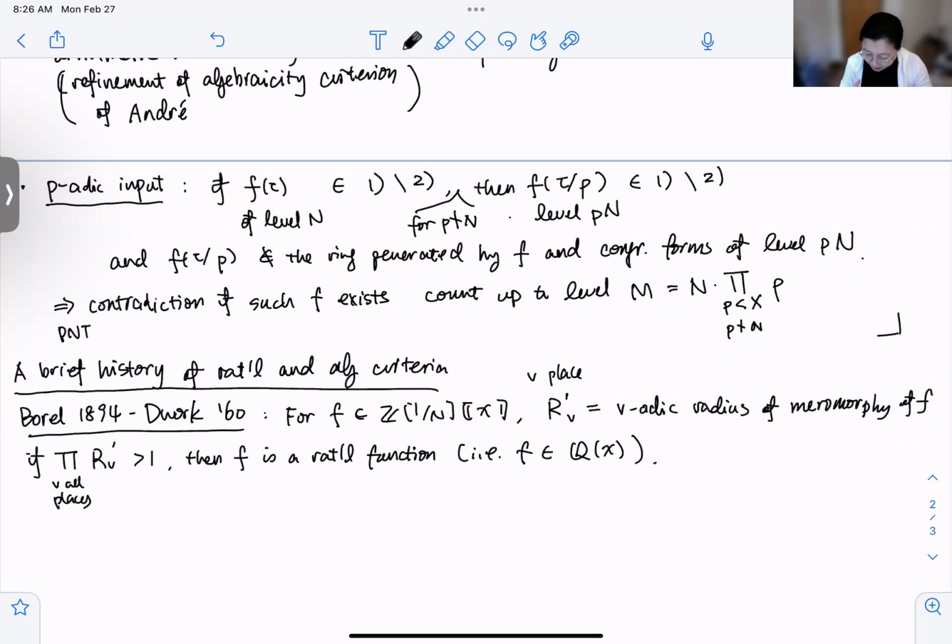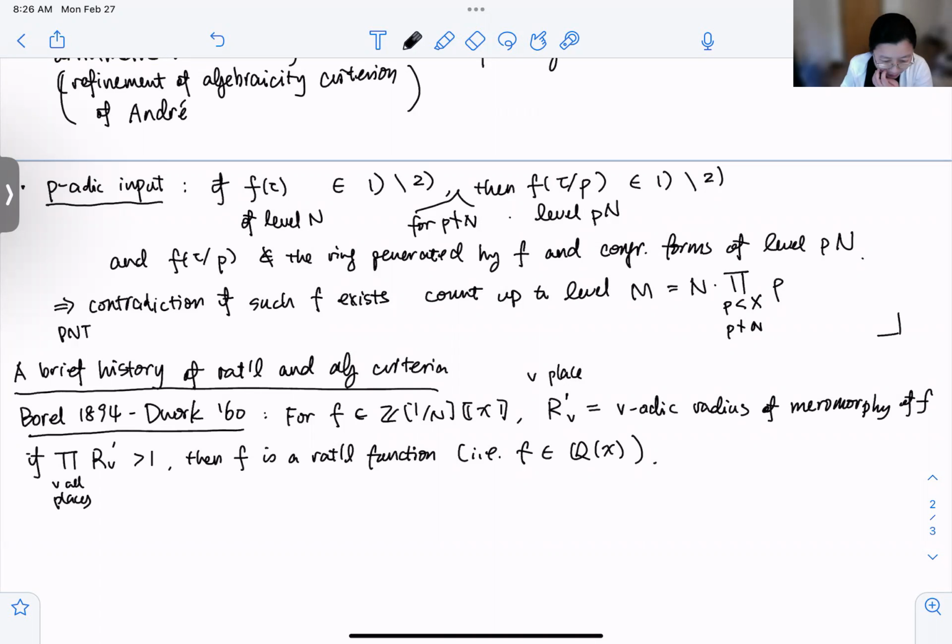If you replace the radius of meromorphy by the usual convergence radius, this is an easy theorem just from the product formula. And the work of Dwork is here because he uses it to prove the rationality of zeta functions for smooth quasi-projective varieties over finite fields.